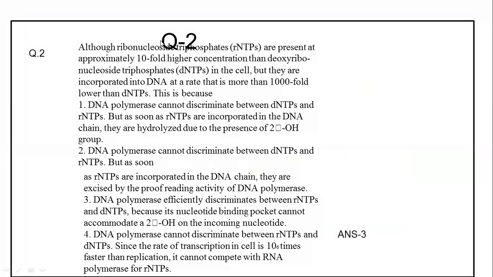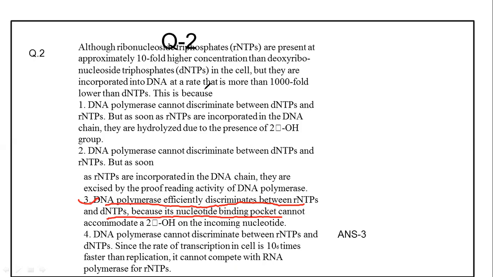This will be the correct answer, option 3. RNTPs have a 2' OH, which creates steric hindrance in the binding pocket. In DNTPs the 2' OH is absent, so there is no steric hindrance. That's why DNTPs are taken up. So DNA polymerase can discriminate between RNTPs and DNTPs in this way.